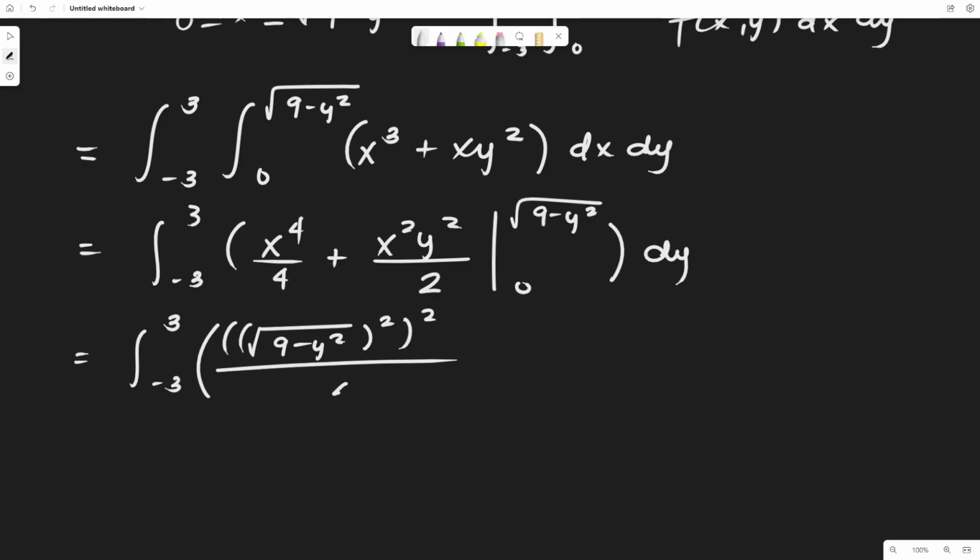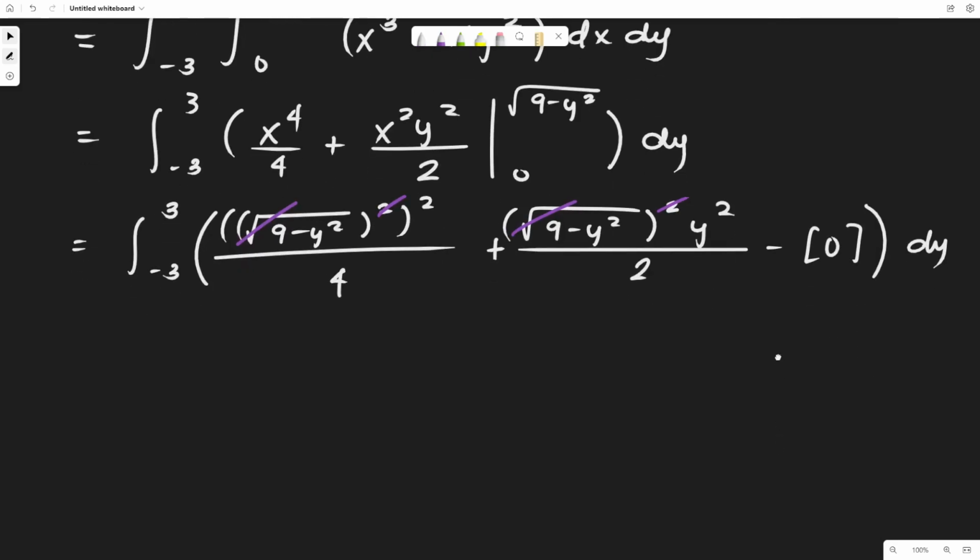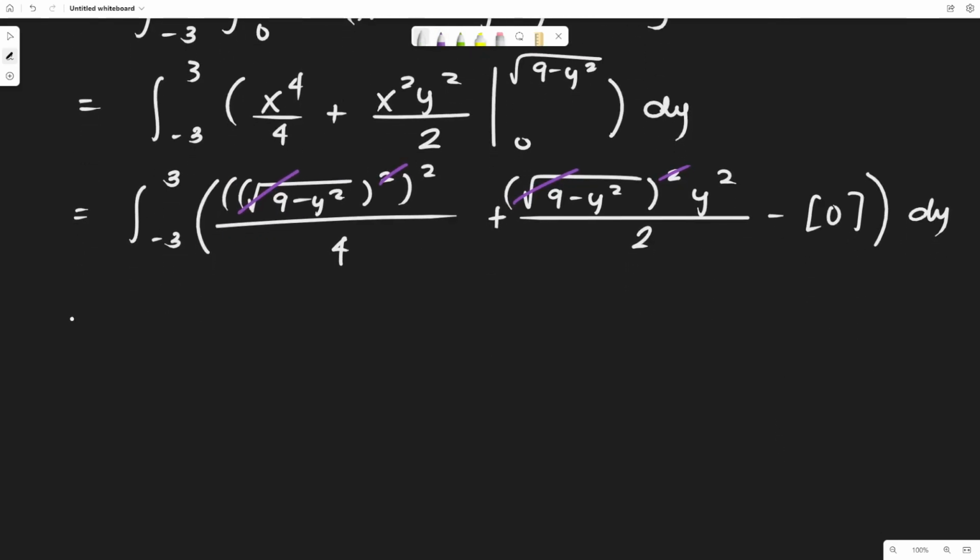Over 4 plus square root of 9 minus y squared, quantity squared, y squared over 2. Then minus 0, no? 0 na siya lahat. Ayan, dy. So, cancel to. So, may iwan is quantity 9 minus y squared quantity squared. Then, dito cancel din ito. Ayan. Diba?